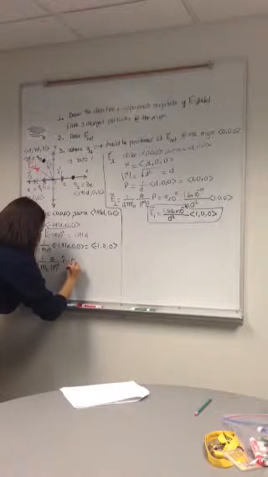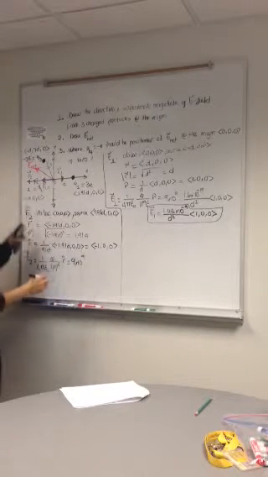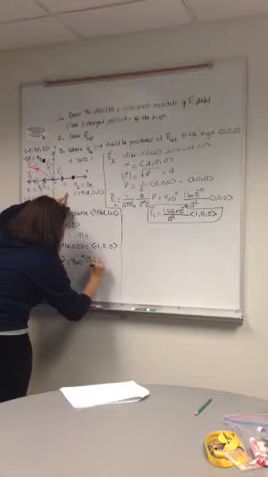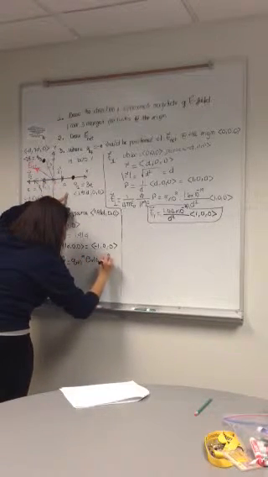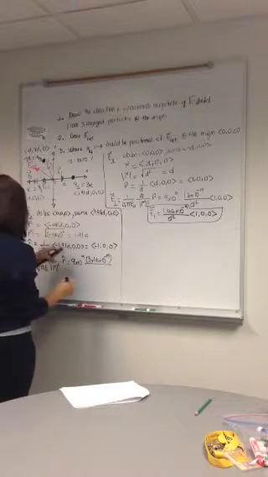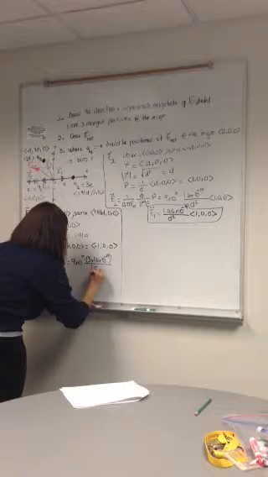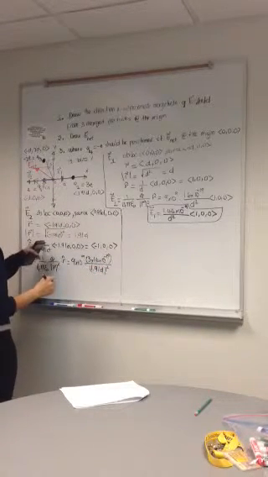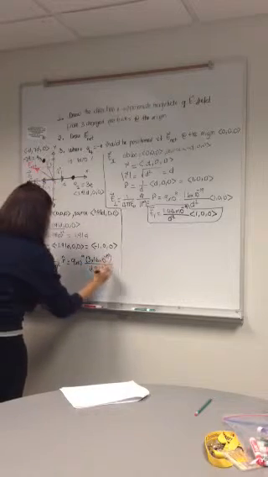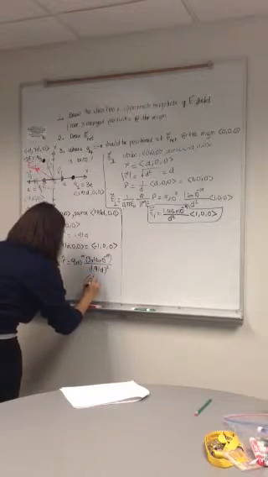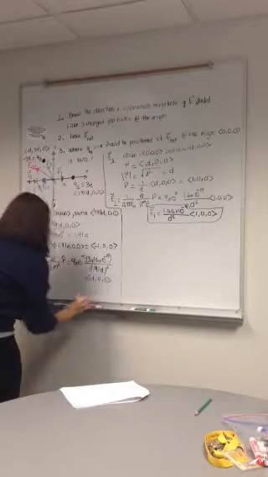That will be 9 times 10 to the 9, times 3 times 1.6 times 10 to the negative 19, divided by (1.91d) squared, times the r hat, which is (-1, 0, 0).